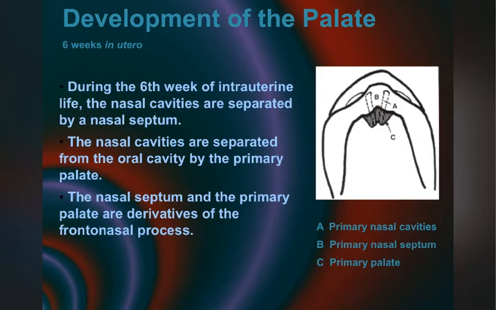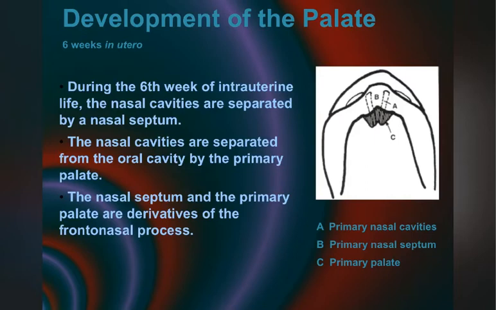During the 6th week of intrauterine life, the nasal cavities are separated by a nasal septum. At this stage, this is called the primary nasal septum. Nasal cavities are separated from the oral cavity by primary palate, which is here. This is primary palate.